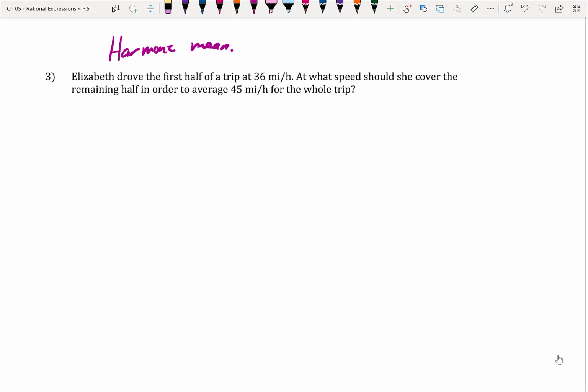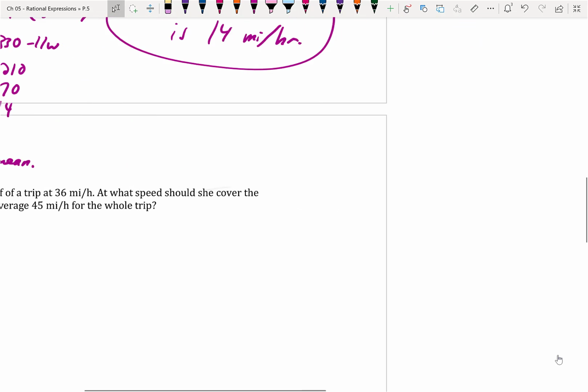Let's kind of do this example. Let's say that the first half of the trip, from here to a mile away, was at 1 mile per hour, and I want to average 45 miles per hour for the whole trip, 2 miles away. Let's play that example out for a second.